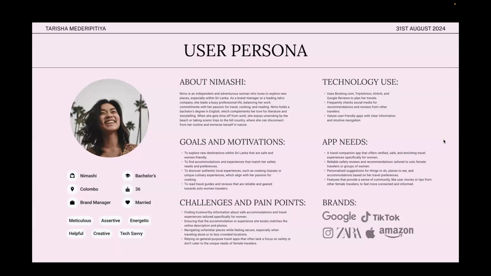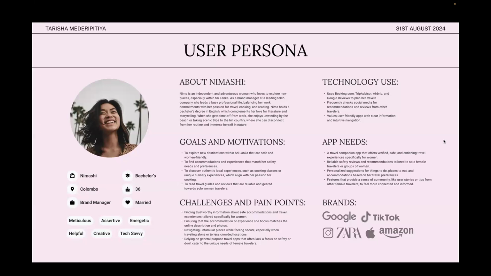Then when it comes to challenges and pain points, one of them was finding trustworthy information about safe accommodations and travel experiences tailored specifically for women, ensuring that the accommodation or the experience she books matches the online description and the photos.